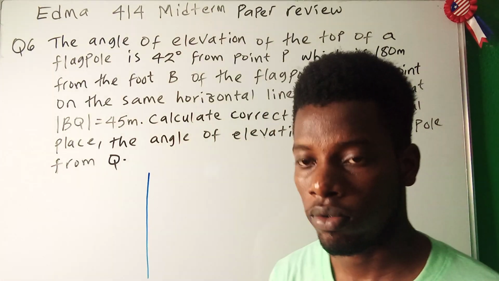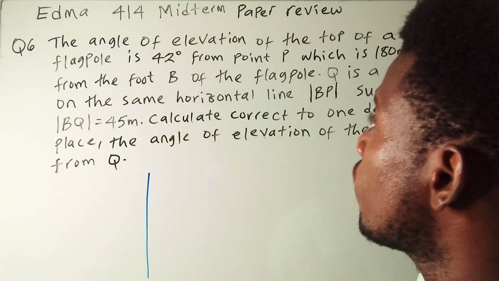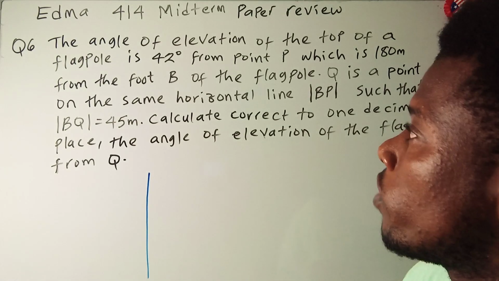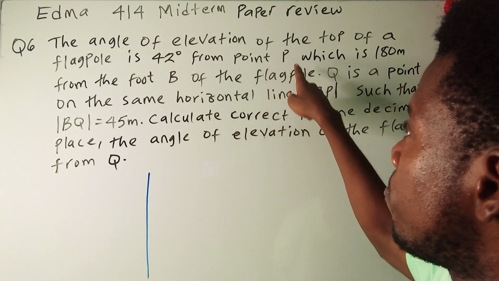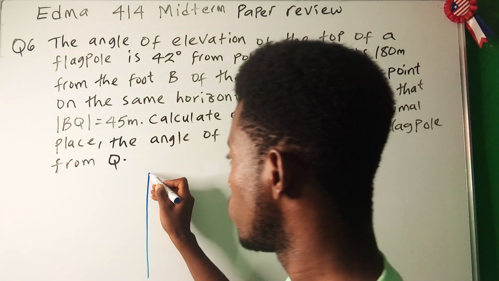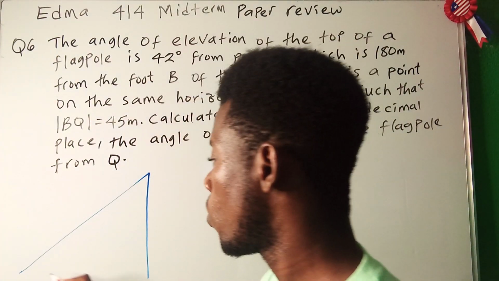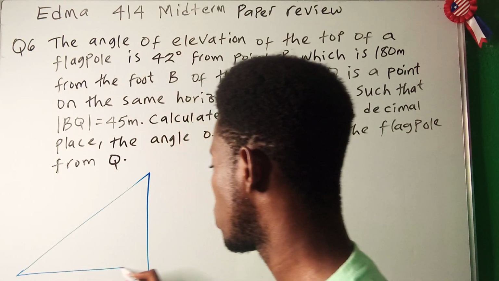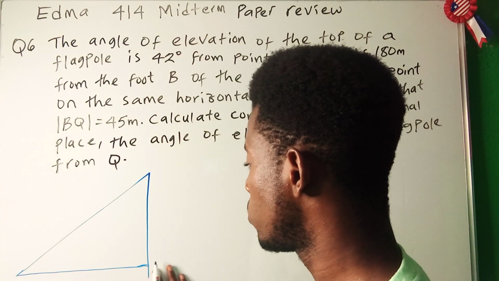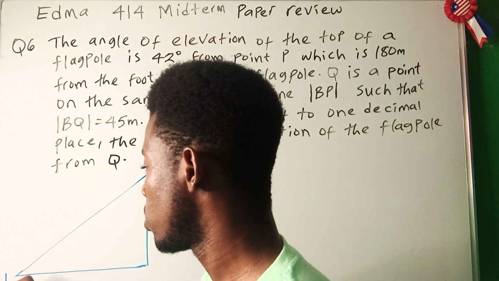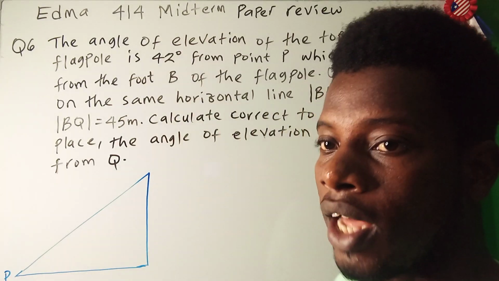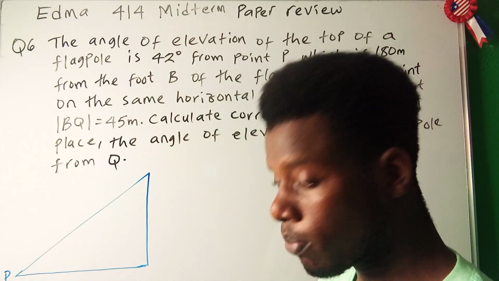This is the flagpole. Now we locate the point P on the horizontal. So this is the flagpole, and this is point P.